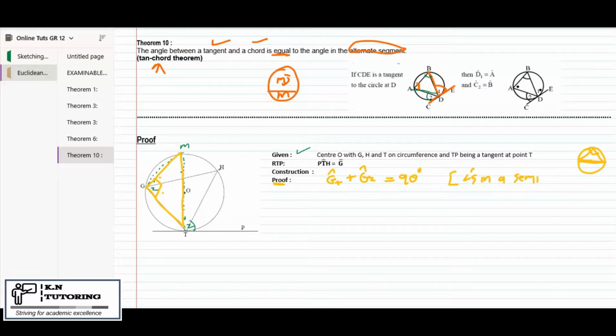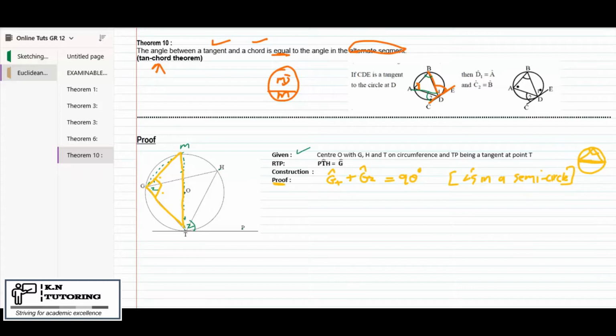That is the short version. Again, if you don't know this reasoning, make sure that you catch up on my first lesson where I explain the theorems, the reasoning, and where to get those reasons from your examination guideline. So angle G1 plus G2 is equal to 90 degrees.